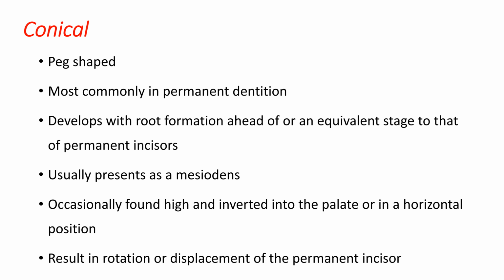It usually presents as a mesiodens, which is present between two central incisors. It may occasionally be found high and inverted into the palate or in a horizontal position. However, the long axis of the tooth is normally inclined. The conical supernumerary tooth can result in rotation or displacement of the permanent incisor.